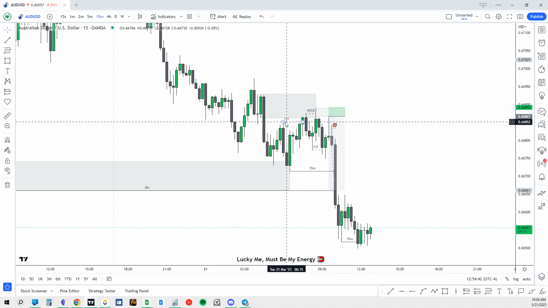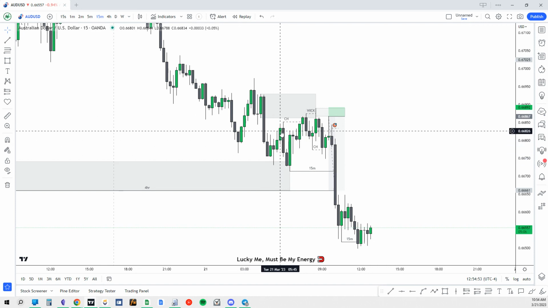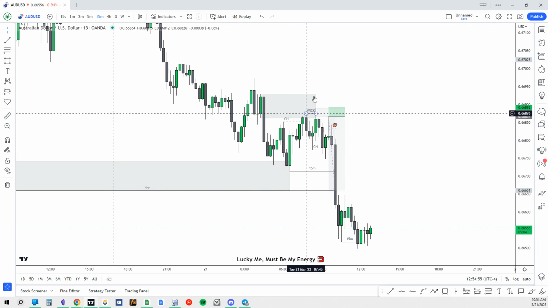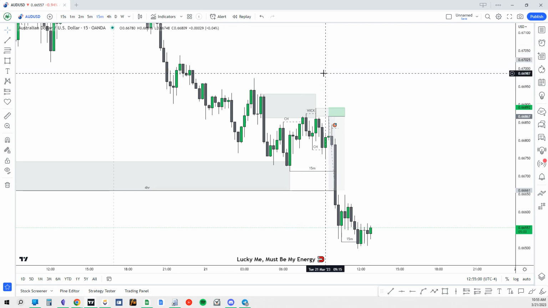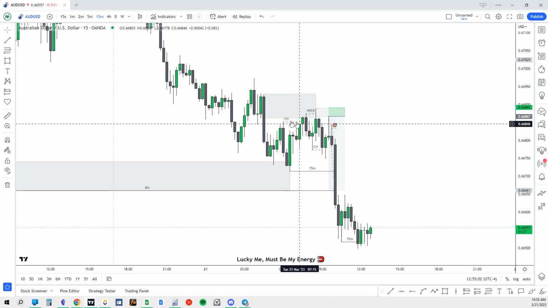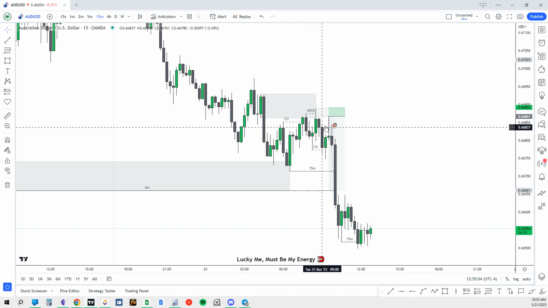Change of characters are basically indications that the trend within this range is changing. It's not an indication that the price is actually going to reverse, you're not going to hit a home run off of it, but it is an indication that the trend on a lower time frame has actually changed swing structure.